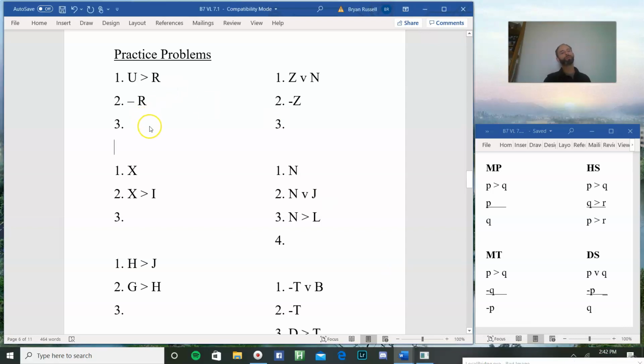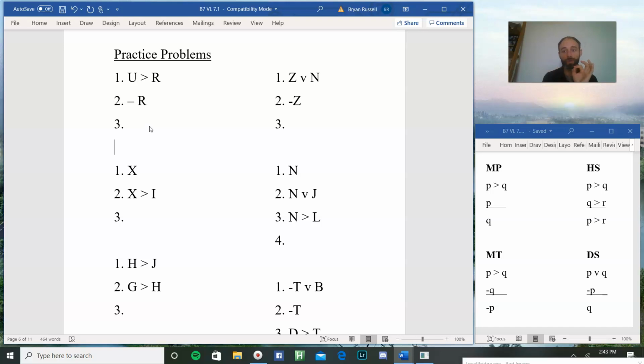Our first practice problem gives us U horseshoe R on line 1, and on line 2 it gives us tilde R. The question is, what can we derive from this, and what rule are we using on what lines to get there? Our first line is if U then R, so we have a horseshoe as the main operator. So we're probably not going to be using disjunctive syllogism; we don't have any wedges here.